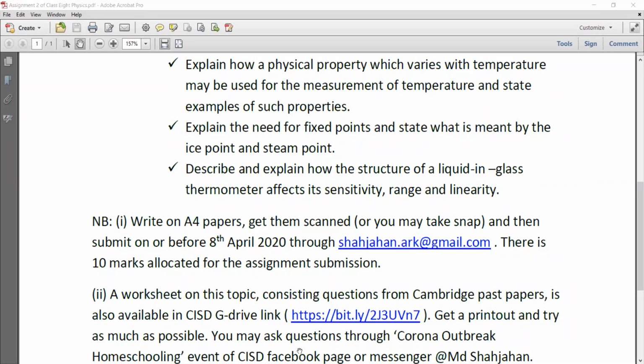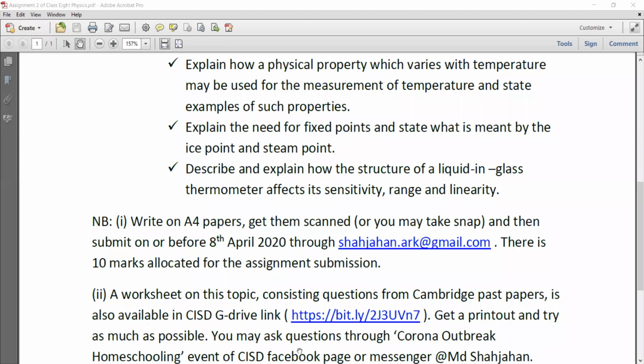If for example you give a 5 degree Celsius temperature rise to one thermometer and the liquid thread rises 2 centimeter, but in another thermometer for the same 5 degree Celsius rise the liquid level rises more, like 3 centimeter, then the one with 3 centimeter rise is more sensitive.